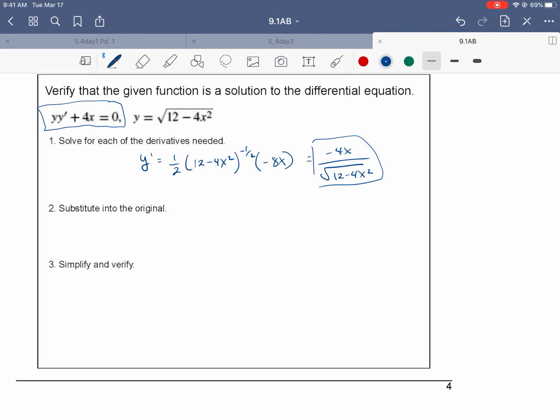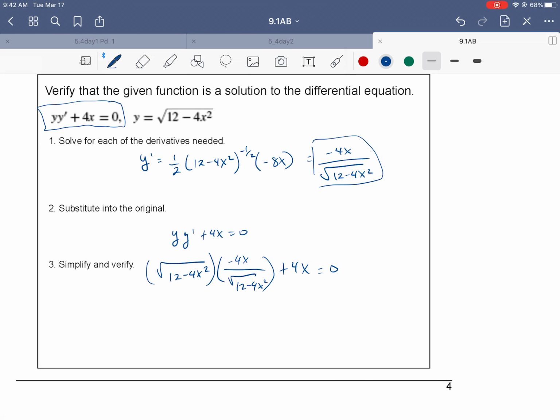Y also gets replaced with the square root of 12 minus 4x squared. So we're substituting in values of y and y prime. The 4x stays, and the 0 stays.